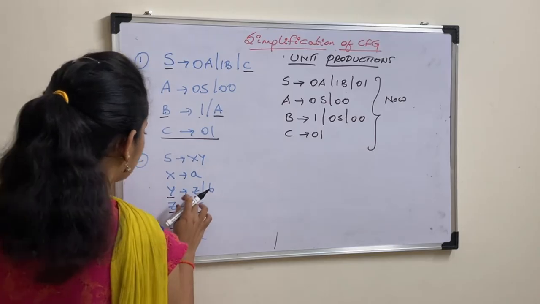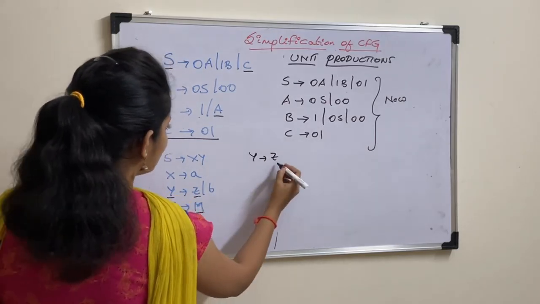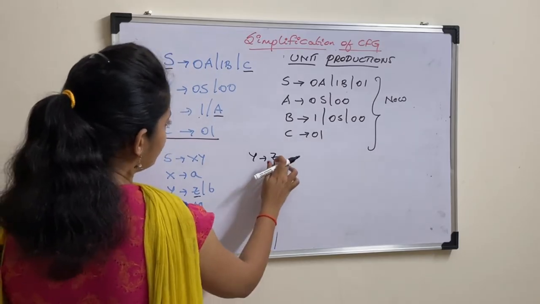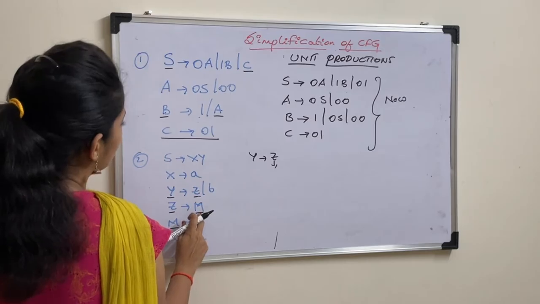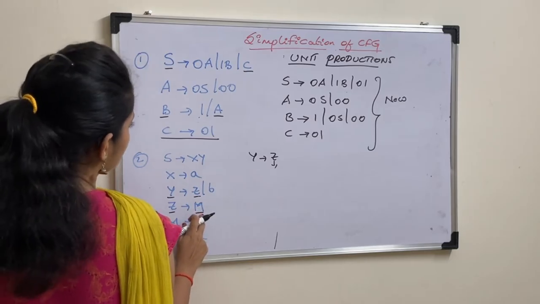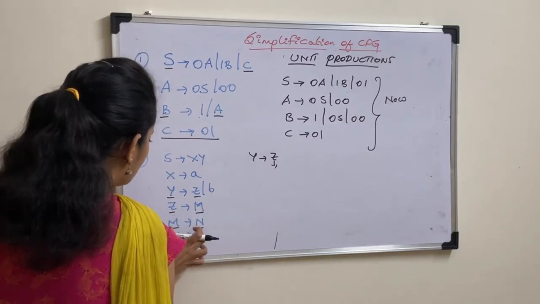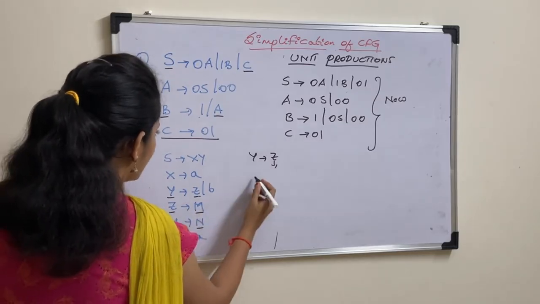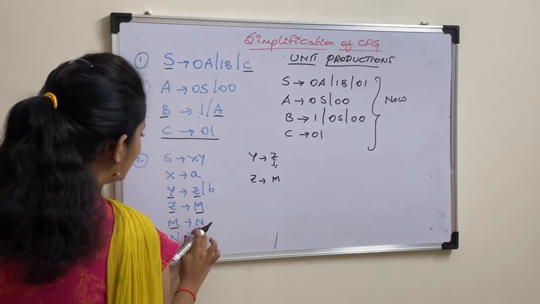So how to remove this Y derives Z? By substituting the terminal derived from the Z, right? But Z is also deriving a non-terminal, that too a unit production. So we can't replace that. Similarly, you can do for Z also.